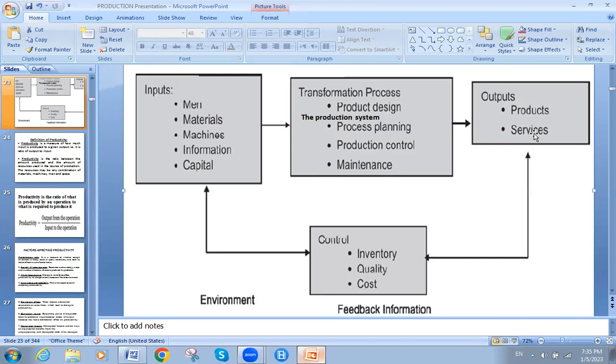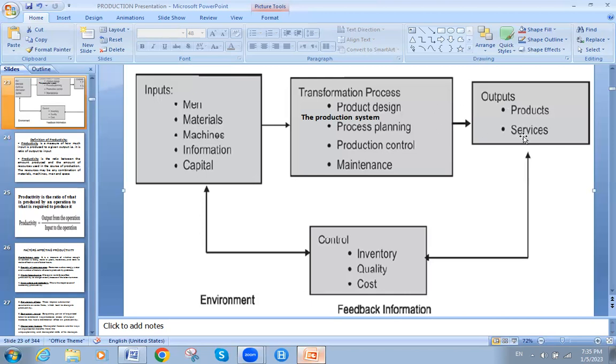And I said before the difference between products and services. Products are tangible, while services are intangible. Products, you can store them, but services, you cannot store them. Products are not related to the provider or seller. If you want to buy any stuff, you don't care about the seller, whether he's silly or funny.